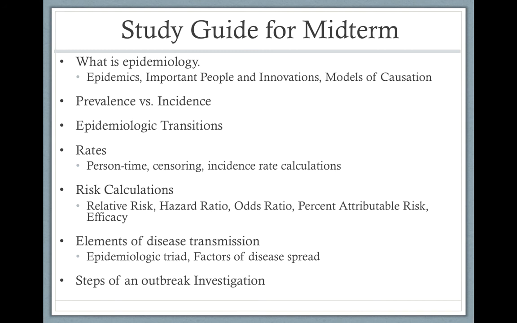Anything you ask me, I'll post anonymously on the discussion, so you can share information and questions. The midterm will be next week. It will be a combination of short answer, calculations, fill in the blank, etc. It is a significant portion of your grade, so prepare for it, and let me know if you have any questions.